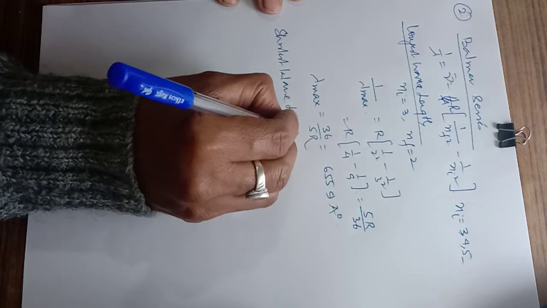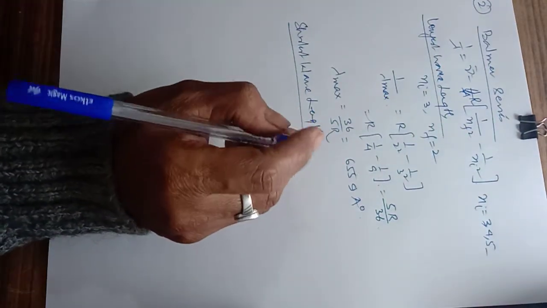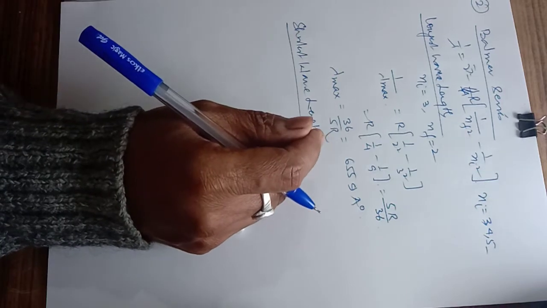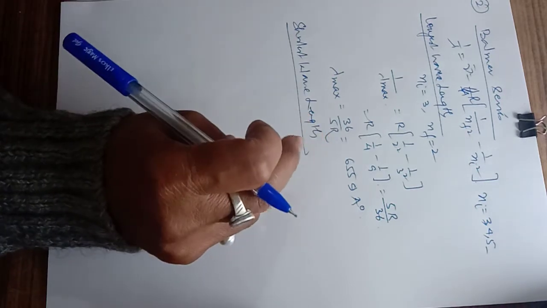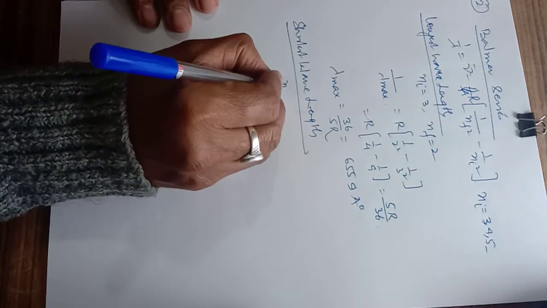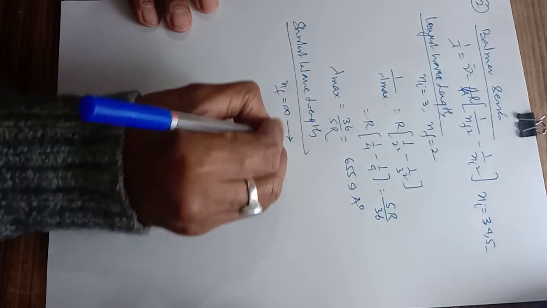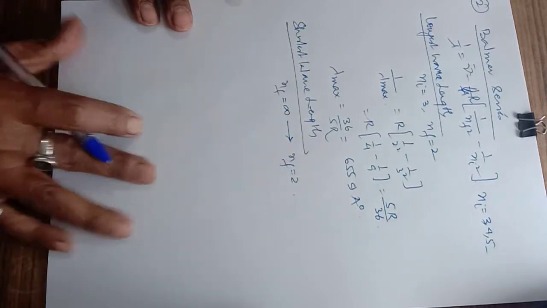The shortest wavelength for the Balmer series: when the transition of the electron takes place from ni equal to infinity to nf equal to 2.